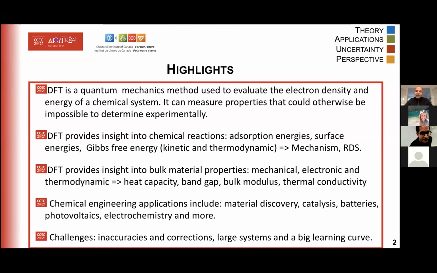And after that, we showed that DFT can provide insight into both bulk properties and surface properties of a material. For bulk properties, it can be mechanical and elastic properties like bulk modulus, or thermal properties such as heat capacity and thermal conductivity. And for the surface properties, we start with surface energy and then binding energy for adsorbates on the surface of the adsorbent.